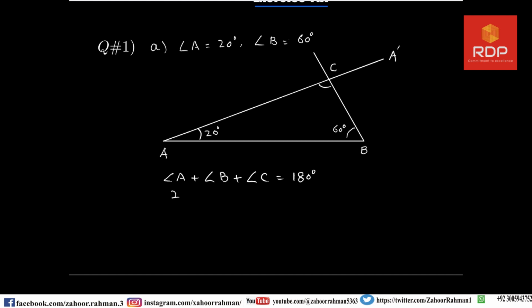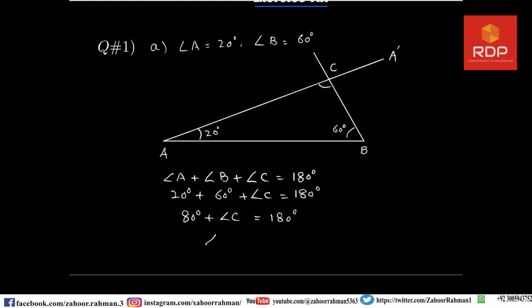Now putting the value of A as 20 degrees, and B as 60 degrees, and because we are finding the value of C, we are leaving it as it is. Now this will be equal to 80 degrees plus angle C, which is equal to 180 degrees.